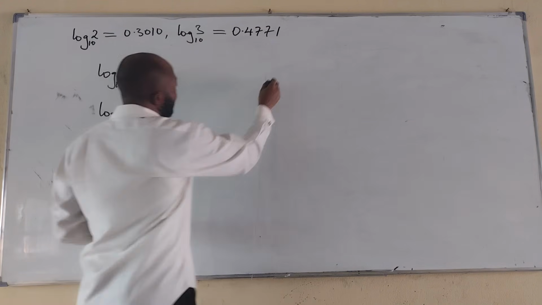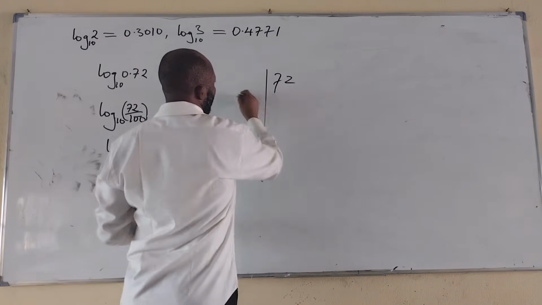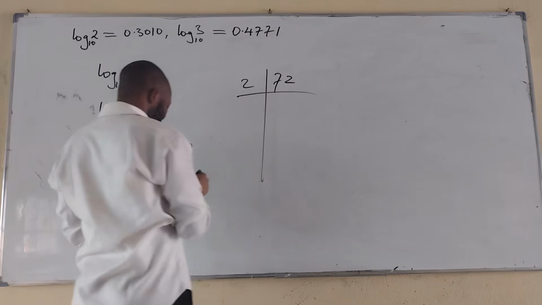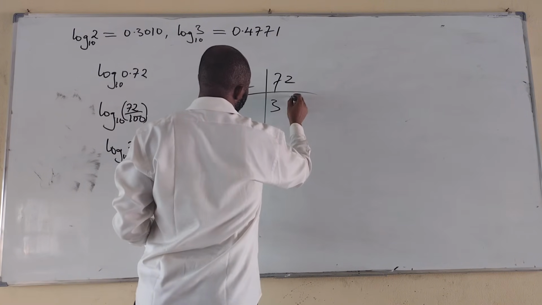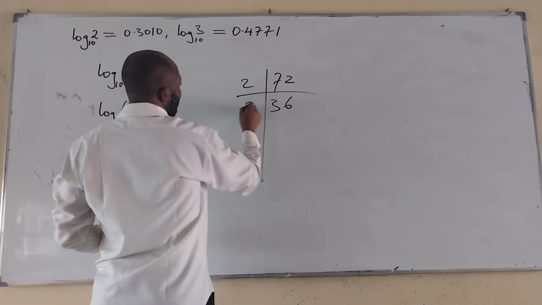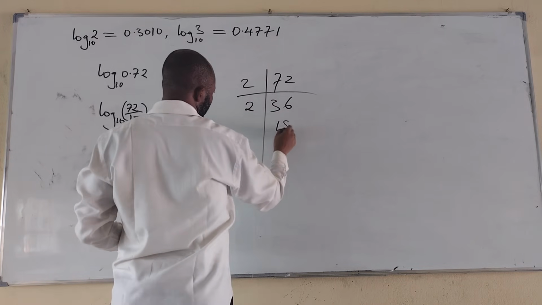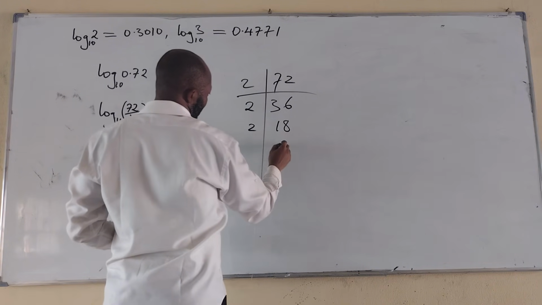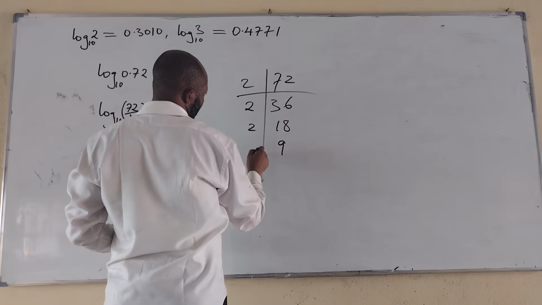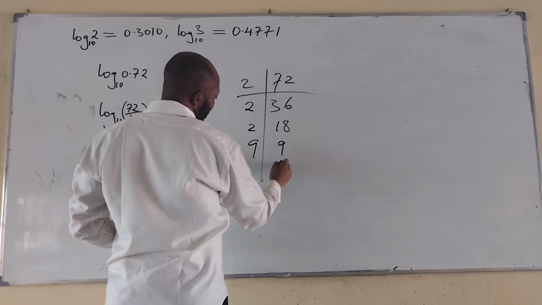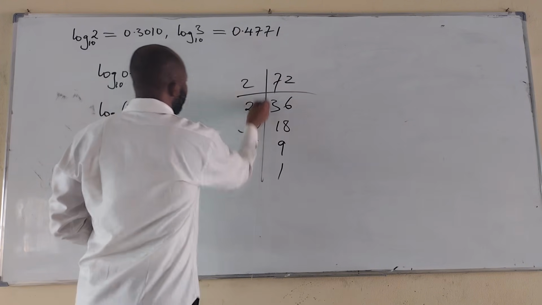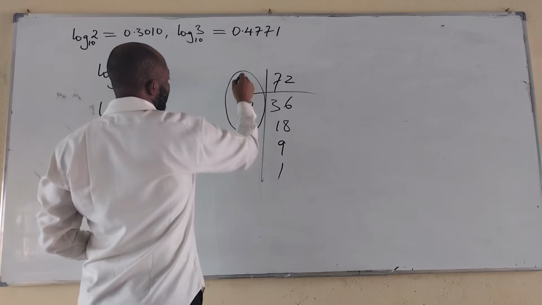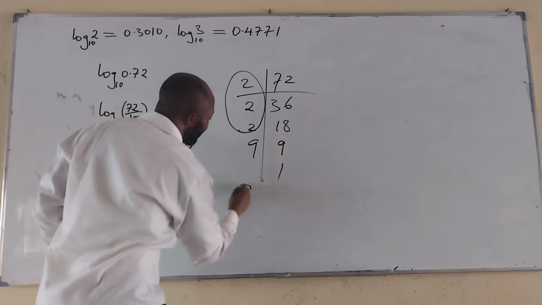So let's take 72 for example. 2 goes here, 36. 2 goes here, 18. 2 goes here, 9. 9 goes here, 1. So I can take this as 8 and 9.